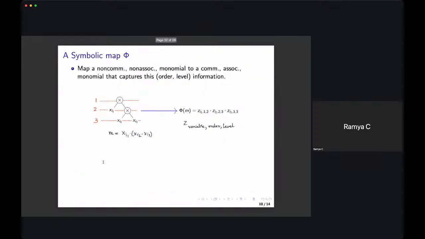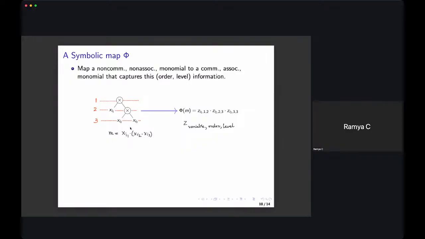So how are we going to do that? Here is your usual non-commutative, non-associative monomial, and here is the tree corresponding to that monomial. The nodes of the tree are leveled. The root is at level 1, and then there is level 2 and level 3. Some variables appear at level 2, some variables appear at level 3.